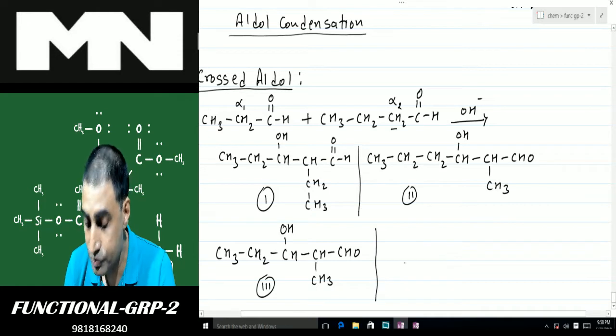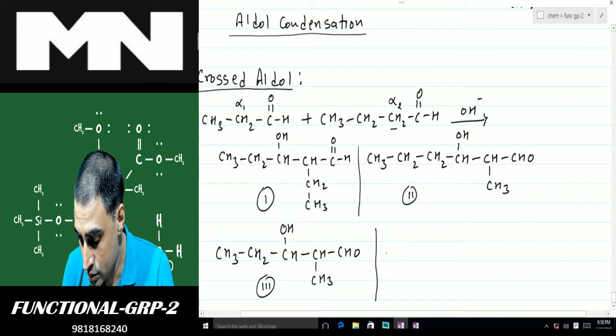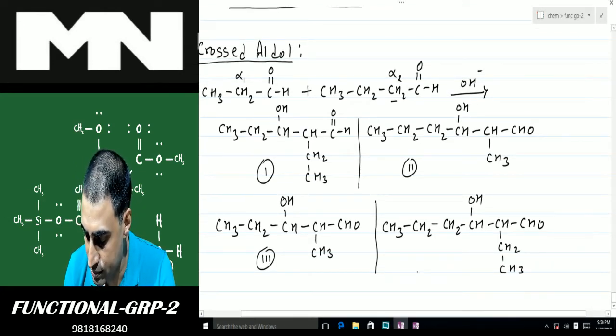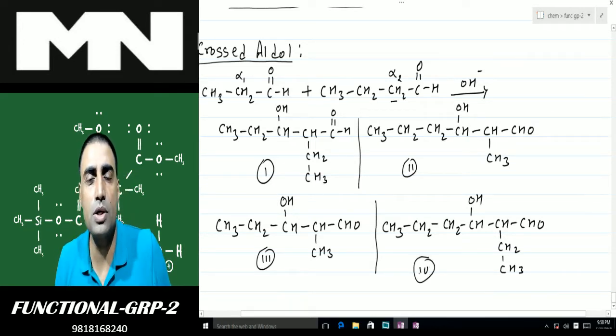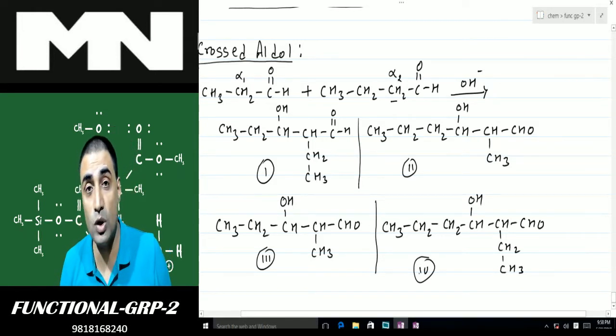Fourth compound will be formed by the combination of the second molecule. So CH3, CH2, CH2, CH, OH, CH, CHO, CH2, CH3. So this is the fourth compound I will get. First two compounds are formed by crossed aldol, whereas the third and fourth are formed by the self-aldol. So this is what aldol condensation is.